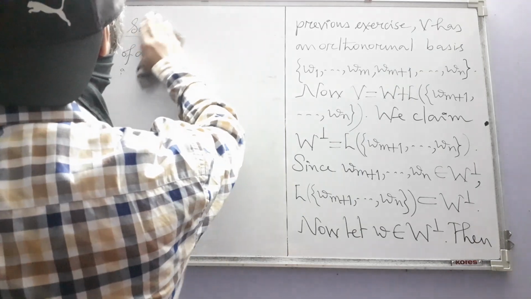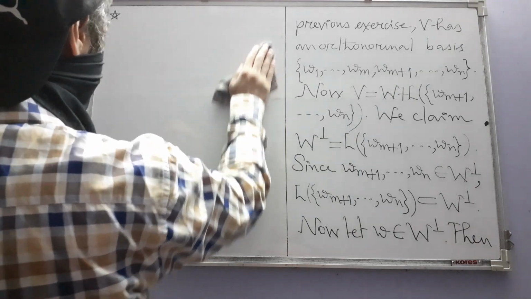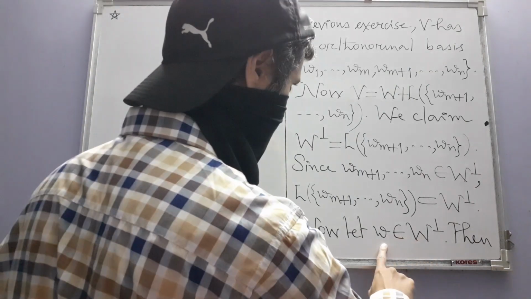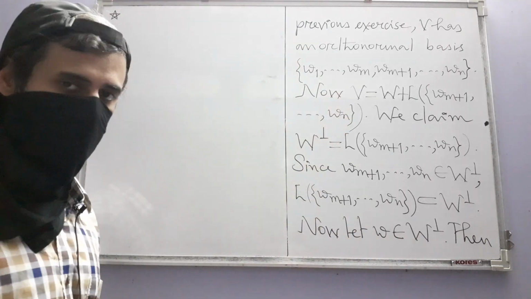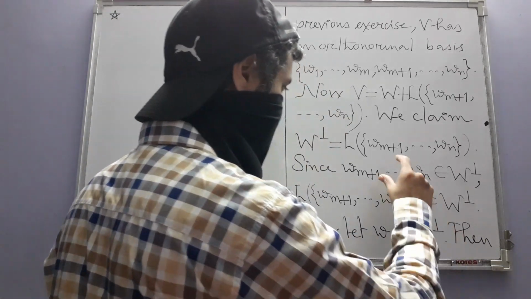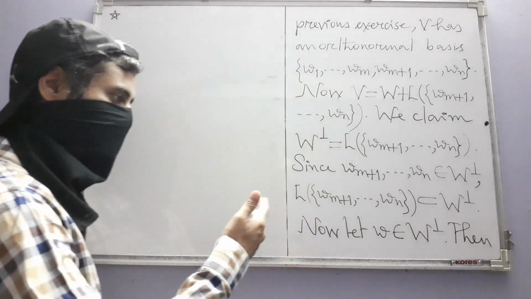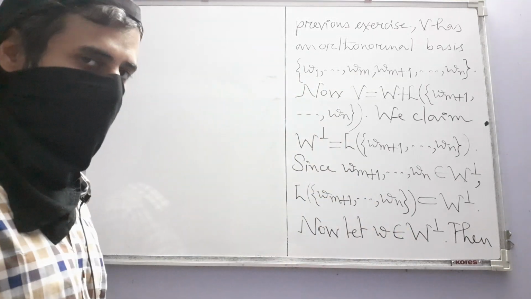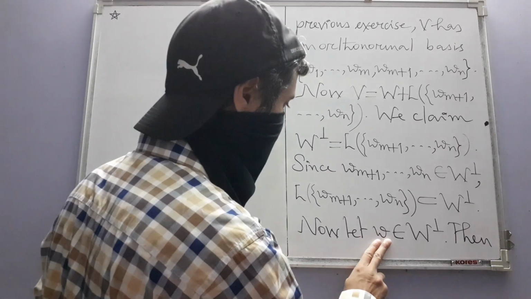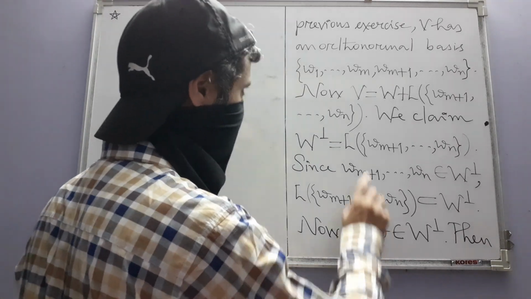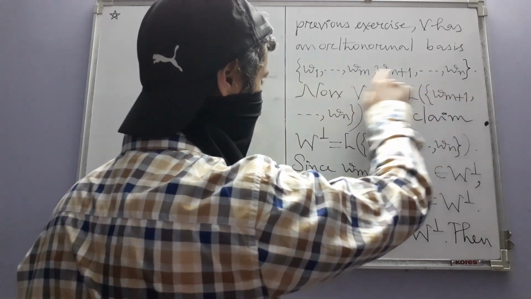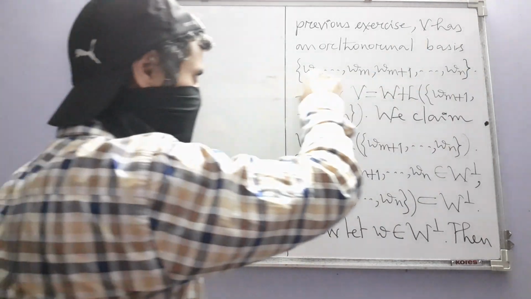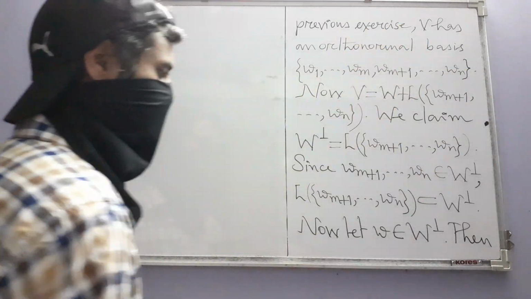Being a vector in W perpendicular, after all this W is a vector in capital V, because just like W, this is also a subspace inside capital V. So this W is a vector in capital V, and that's why you are able to write W as a linear combination of all the basis elements, because this is a basis for the entire space V.